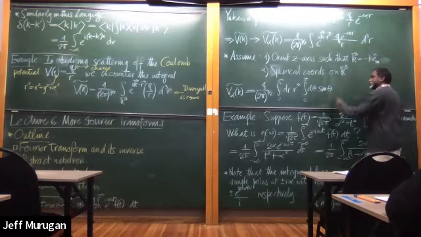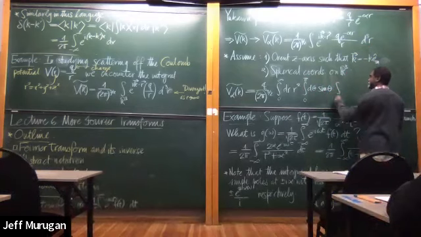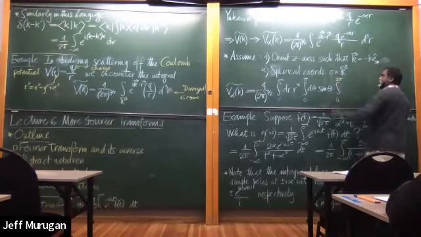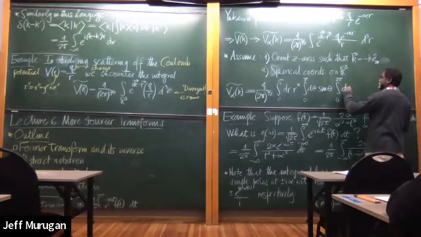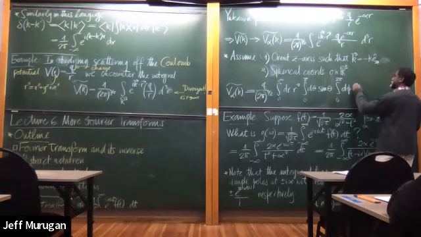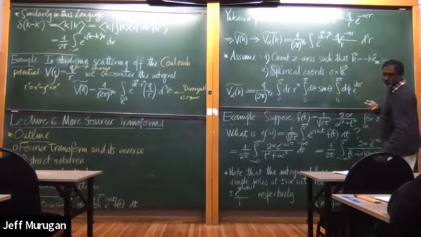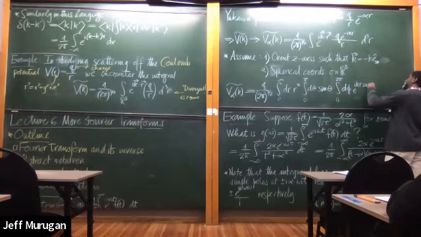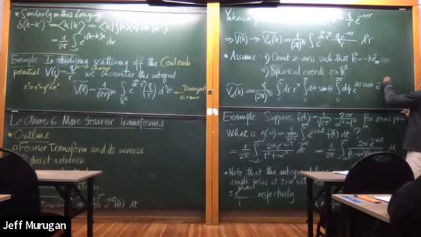So there's a sine theta that comes from the measure, and then I have an integral from 0 to 2 pi with respect to phi, of e to the i k r cos theta, e to the minus alpha r.